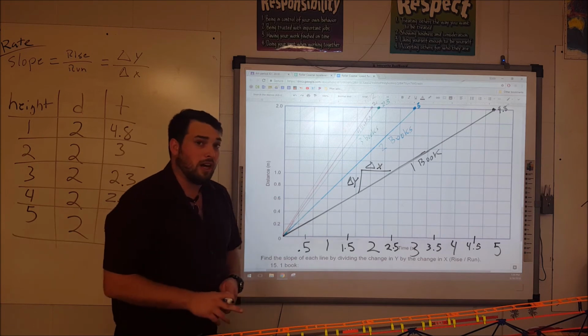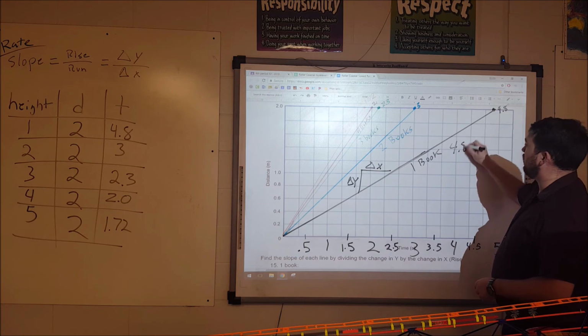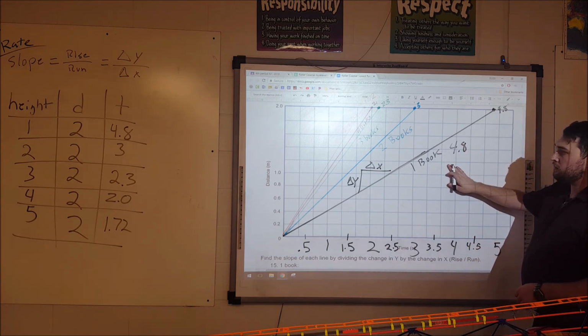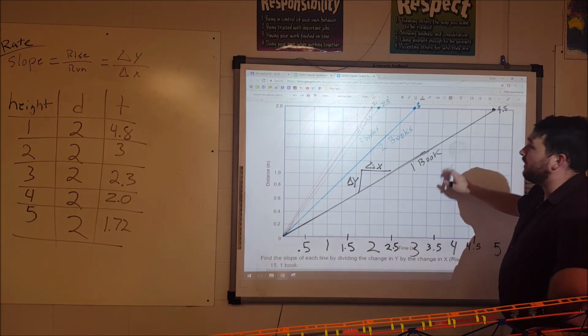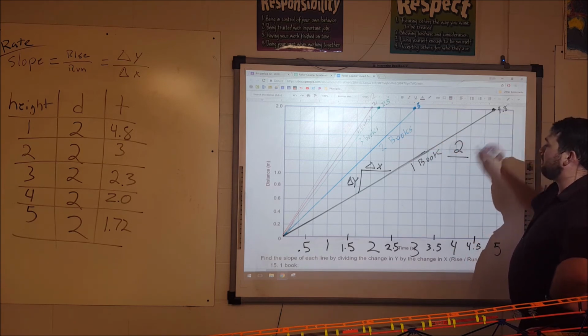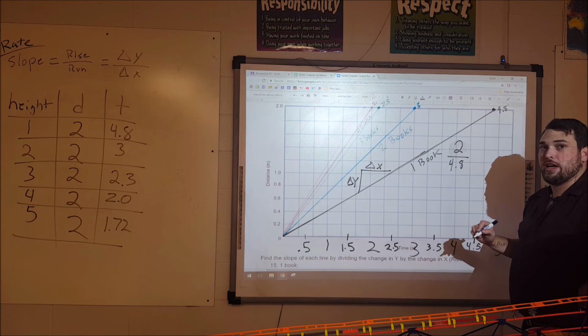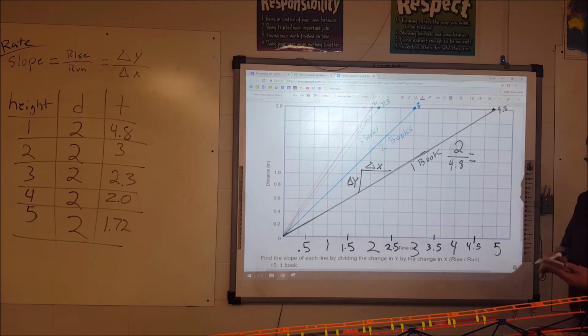So the slope of the line for one book is going to be 4.8. No, I'm sorry. The slope of the line for one book is going to be 2, the change in y, divided by 4.8, the change in x. That value, 2 divided by 4.8, is 0.416666. So we're going to round it to 0.42.